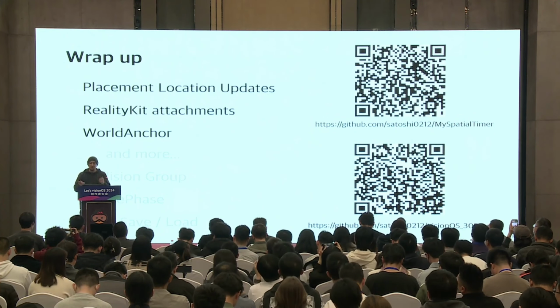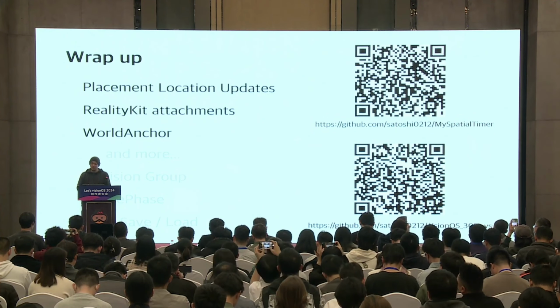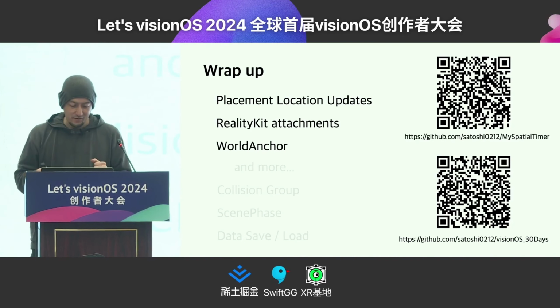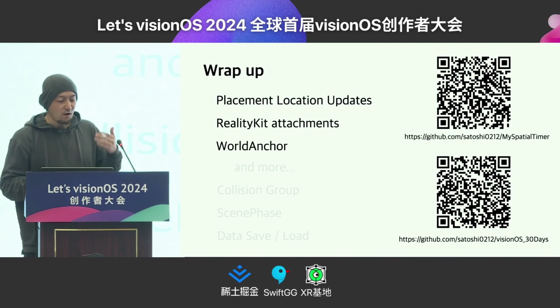Location as well as orientation can be updated in real time, and how to show a marker for placement. Also, I talked about the RealityKit attachment. I explained how to display views created by SwiftUI as attachments. I covered also how to use World Anchor. Even if you reset the home location of the app, you can still maintain the location of the timer.